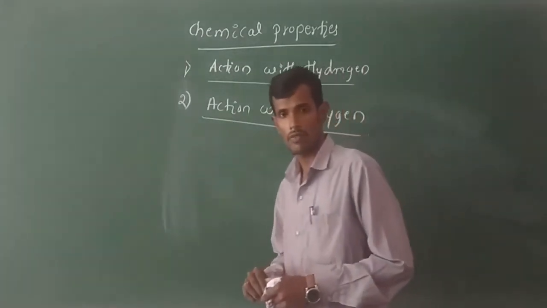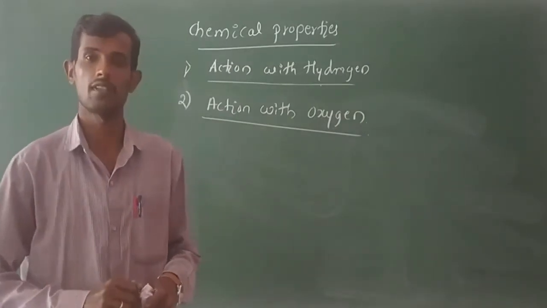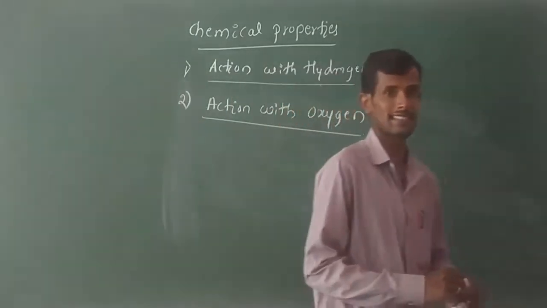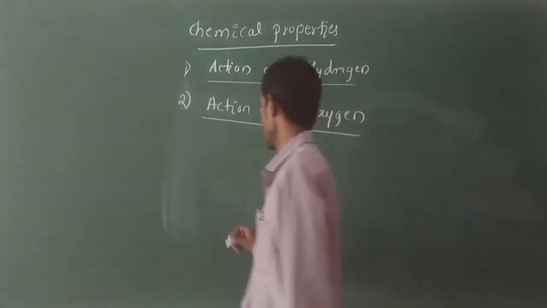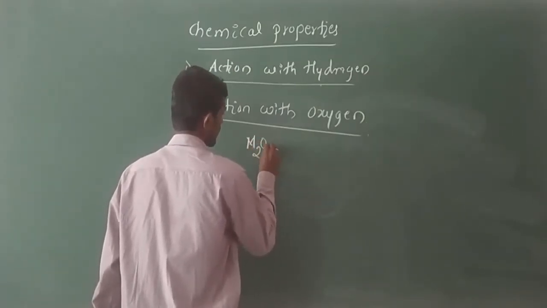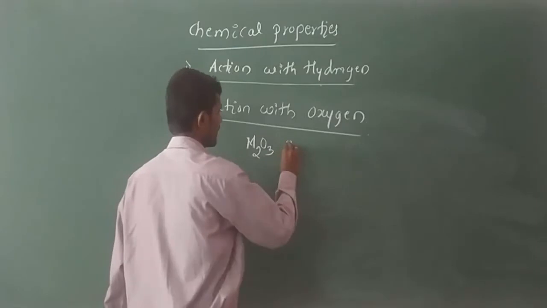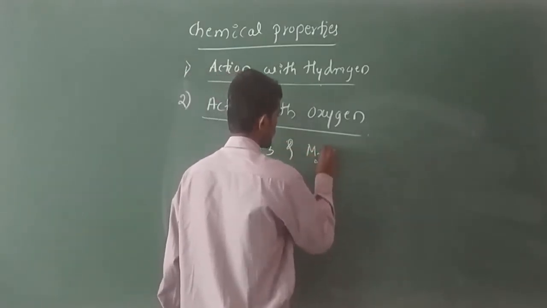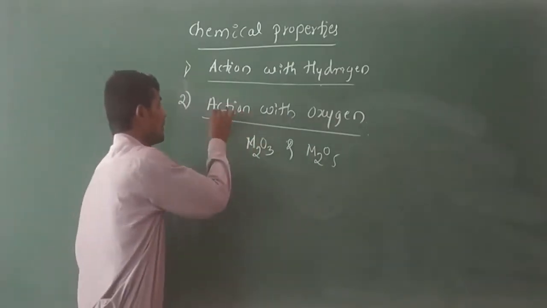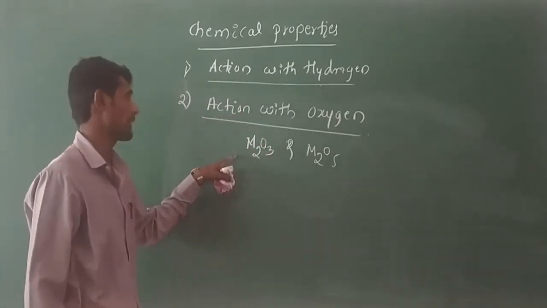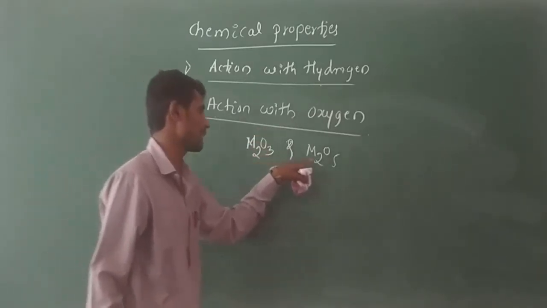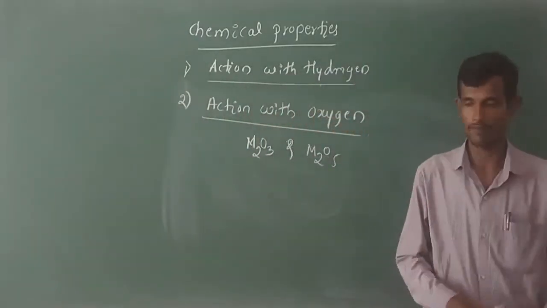Remember, students, when 15th group elements react with oxygen, the possible products are M2O3 and M2O5.